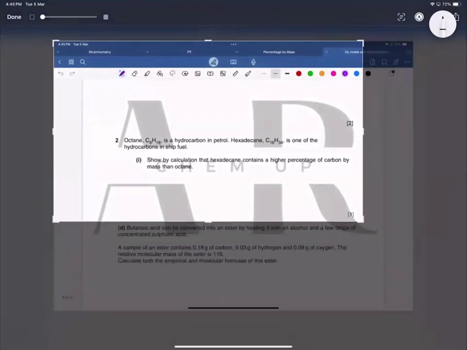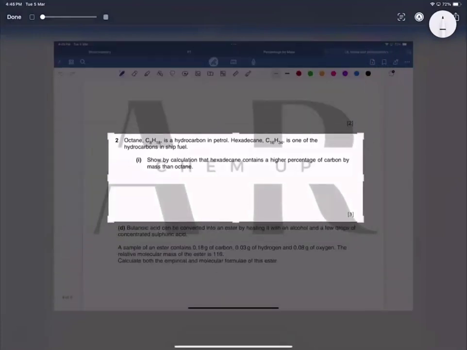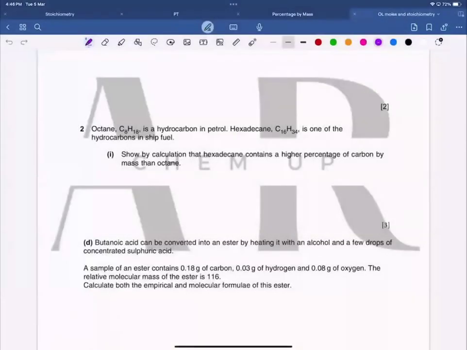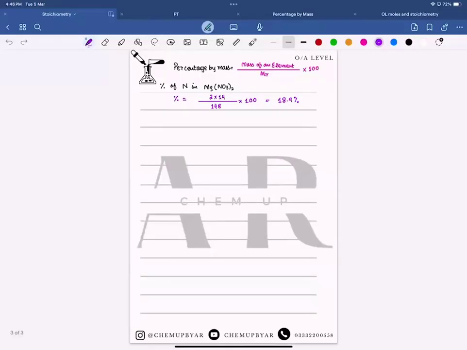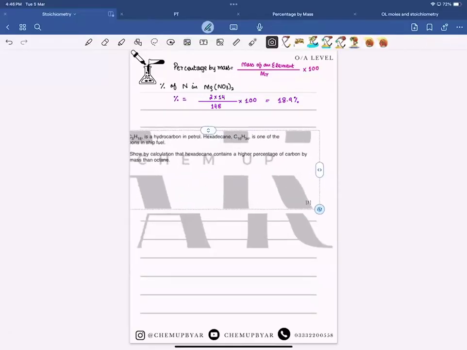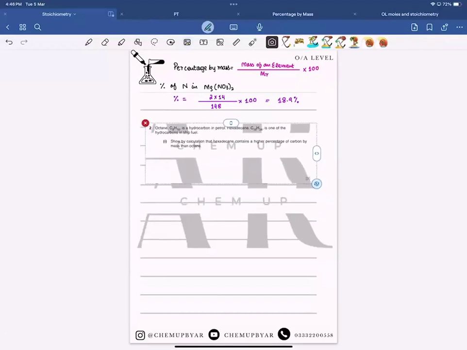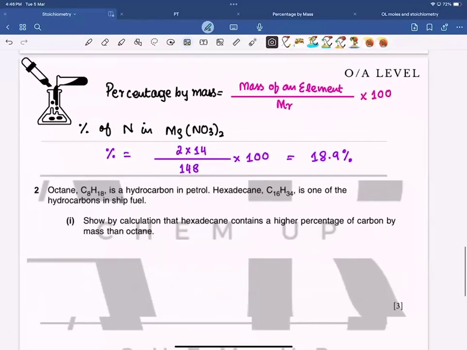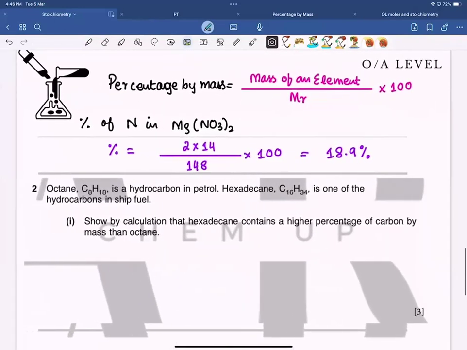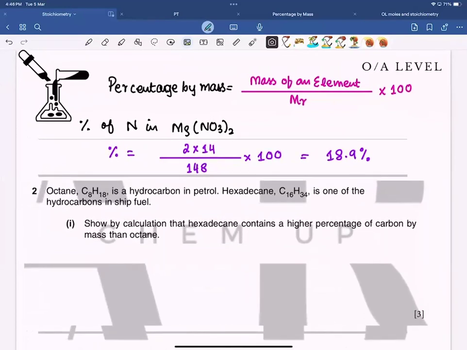Now I want you guys to attempt this question. Here they have given you the formula of the two compounds and they are asking to justify that hexadecane C16H34 has a greater percentage of carbon, right?